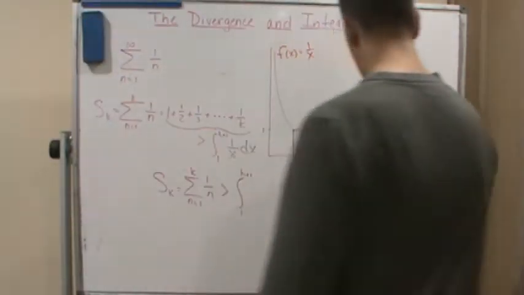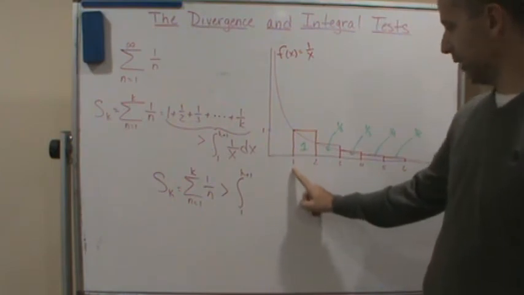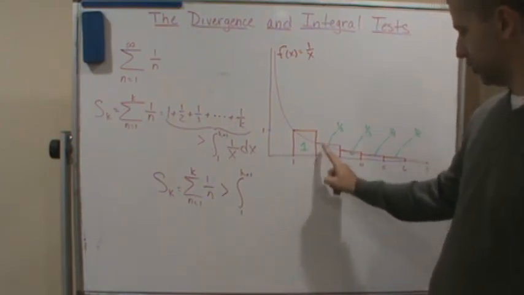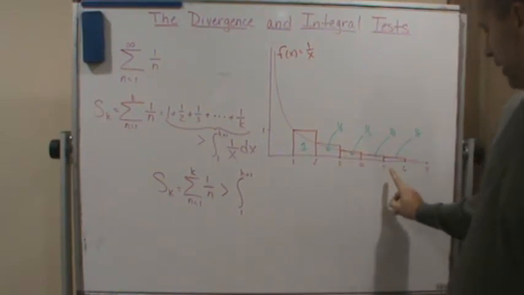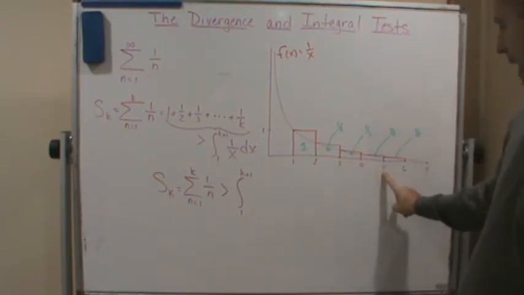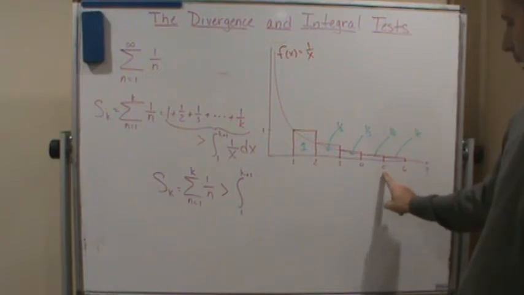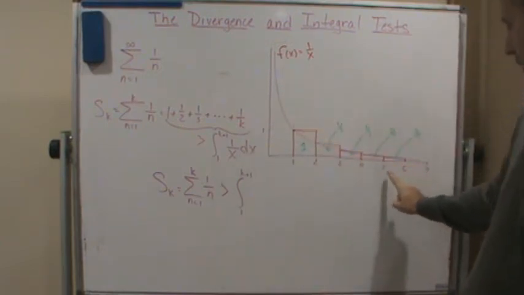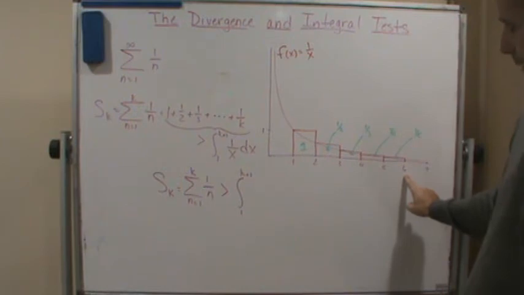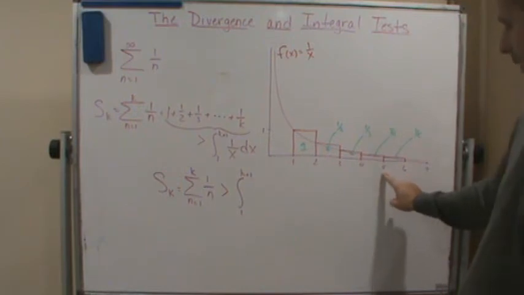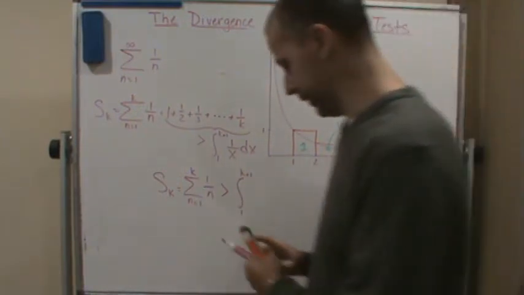Well, the rectangles start at n equals 1, n equals 2 represents this rectangle, n equals 3 represents this one, until you get to, let's say, 5. Let's say the last rectangle. Well, in order to have the curve 1/x go out far enough to capture this rectangle, we would have to go to k plus 1, not k. So that's why we have k plus 1 here.